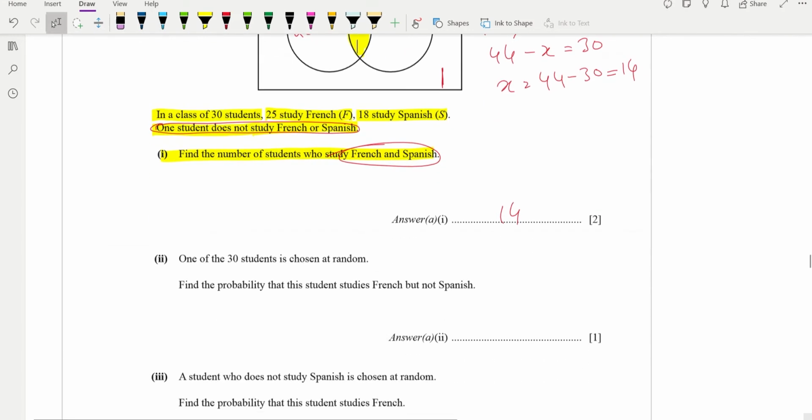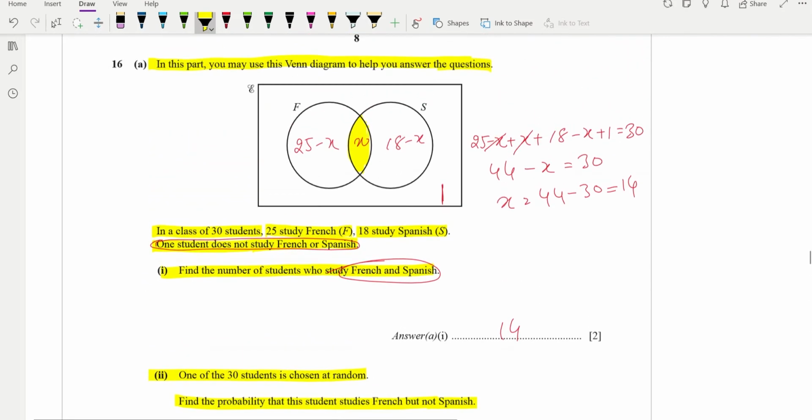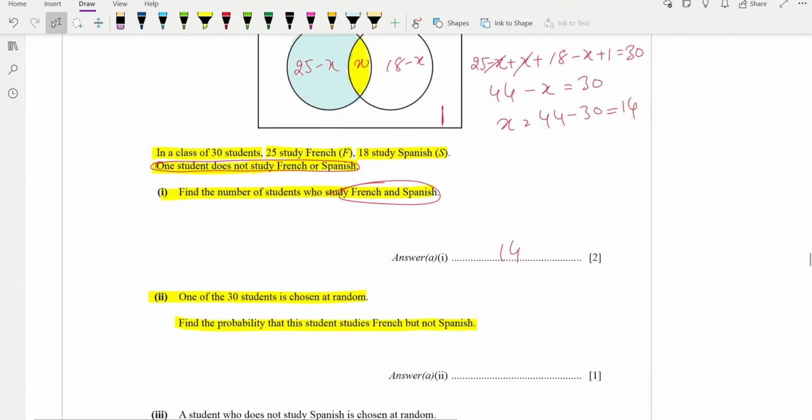Now B part: one of the 30 students is chosen at random. Find the probability that this student studies French but not Spanish. So French but not Spanish is what? French but not Spanish is this area. In this area, the number is 25 minus x.